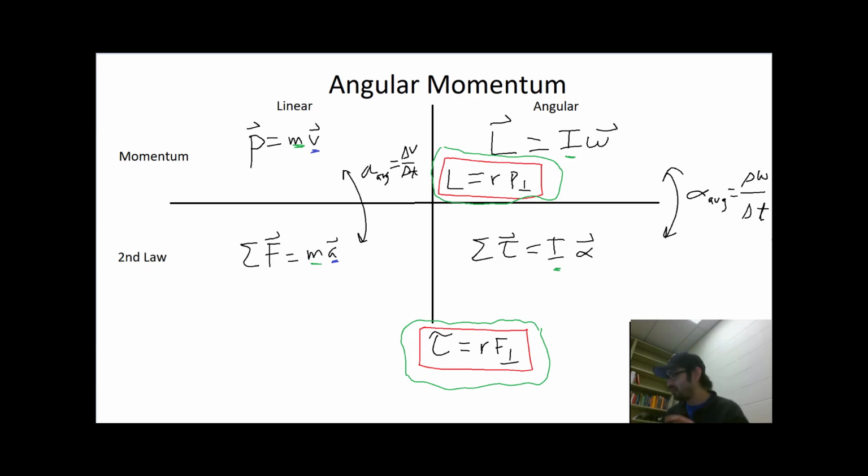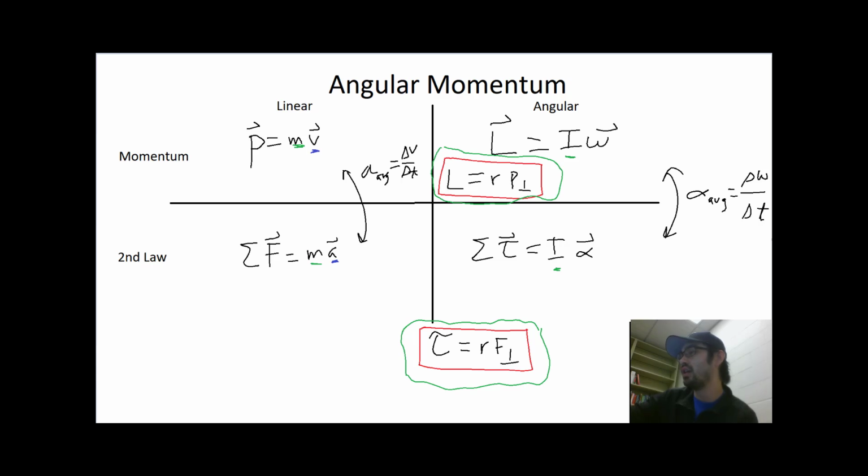Okay. Now there's one other thing that I can say for these equations to finish my chart here, and that's to consider the conservation equation that we had before. So on the second test, we talked about momentum conservation, in particular the conservation of linear momentum.